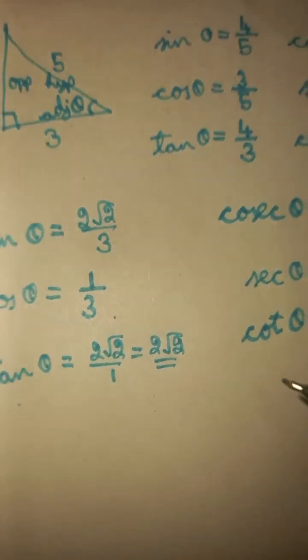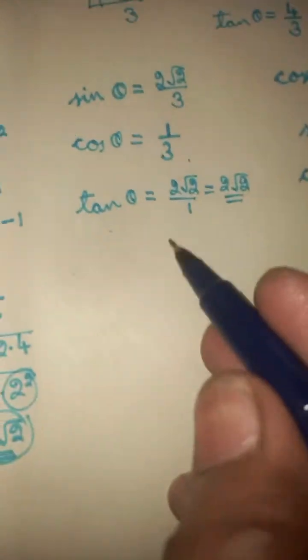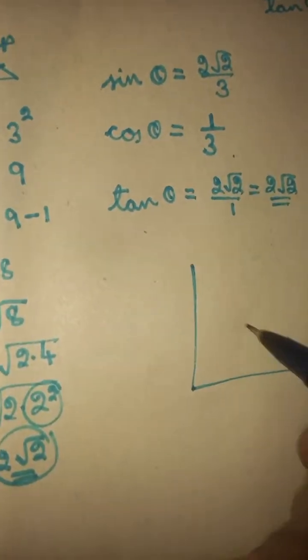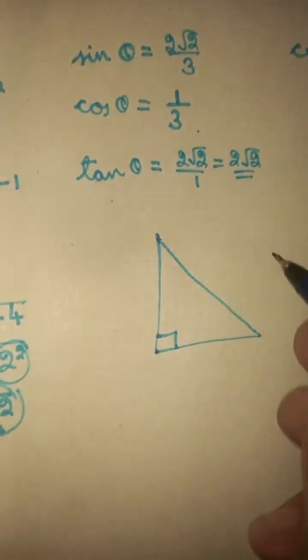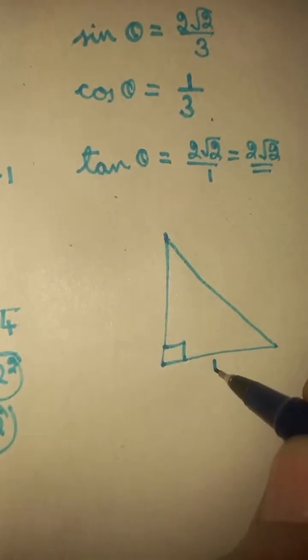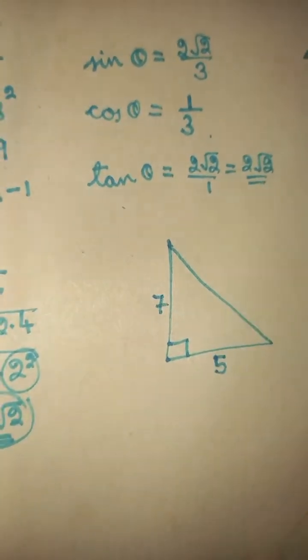Now I'm going to tell more things about different angles. Here they give one more triangle. In this right angle triangle, they are giving this side length as 5 units and this side length as 7 units.